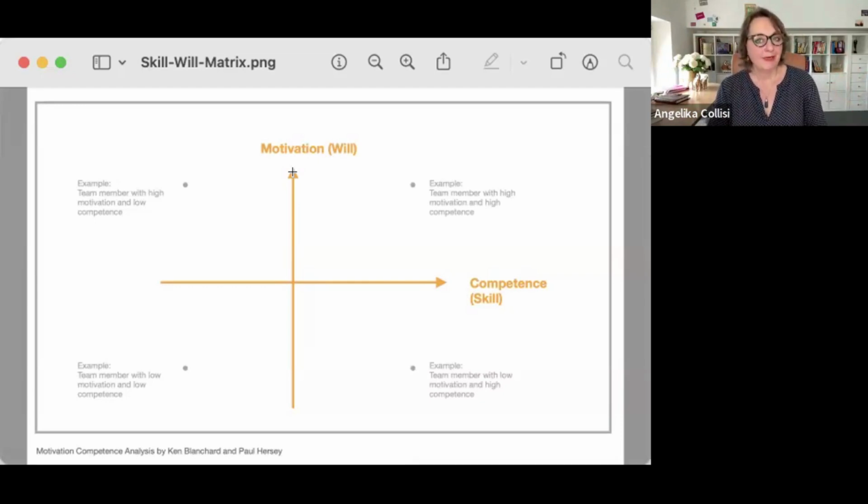And then my extra recommendation is not just to look at individual team members, but also when you have all your team members dot by dot, have a look at where you see the majority of your team, because you will have a totally different experience as a leader when most of your team is in the high will and high skill quadrant, which means that you can basically say, okay, you guys know what to do.